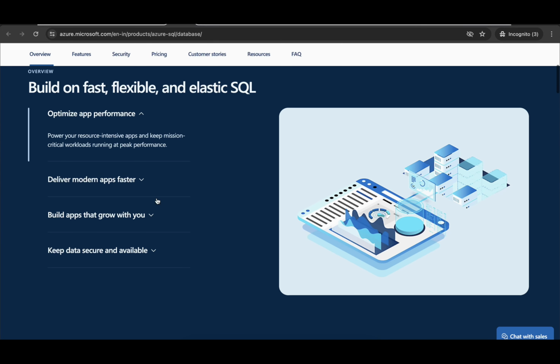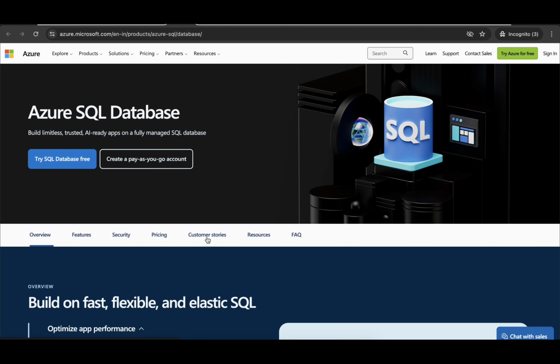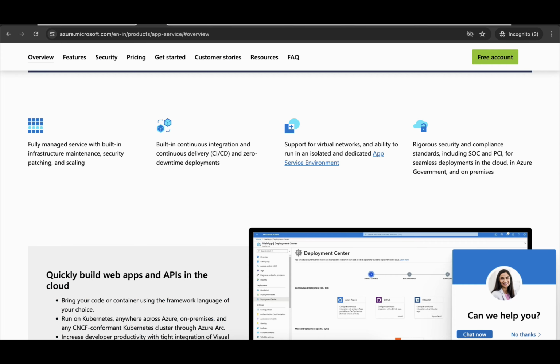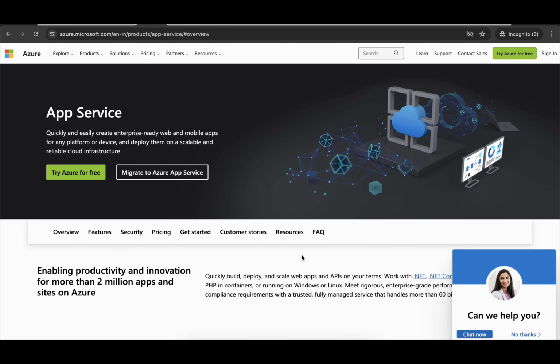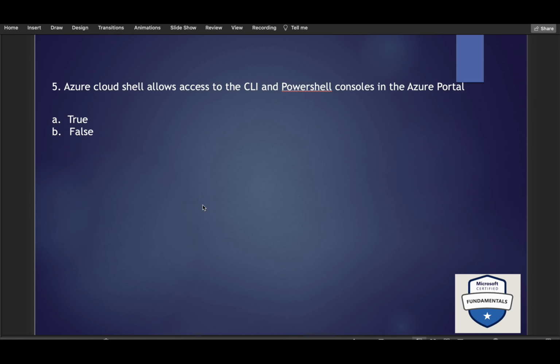Okay, more about this, you can always read this, and you have overview, features, security, pricing, customer story, resources, FAQ, create a pay-as-you-go account. So these are all Azure cloud services. So yes, these are platform as a service solutions, and this will meet our goal.